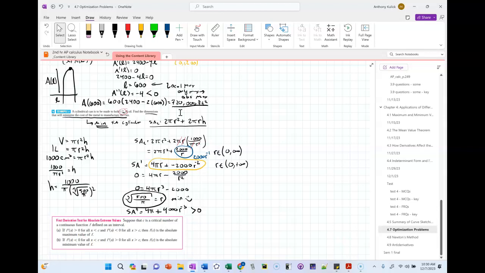So there would have to be another zero somewhere. Likely another critical value. Well, again, be careful. I'm going to say critical value because it could be something where the derivative is undefined. Could be a domain thing where you got your other critical value from. Or a discontinuity or something.